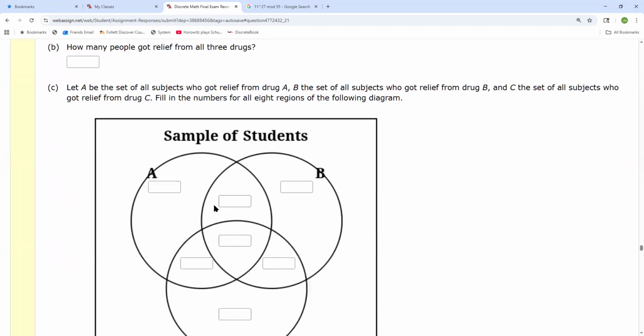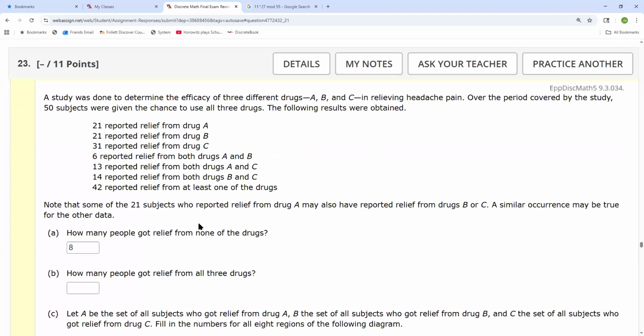That means that in this circle right here that has A, there's 21 total numbers in it. This is kind of like playing Sudoku or something like that. We have to figure out a way to put the numbers so that all 4 boxes within the circle A add up to 21, right?